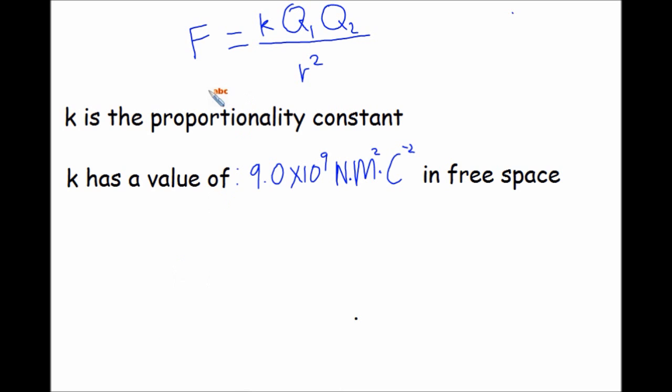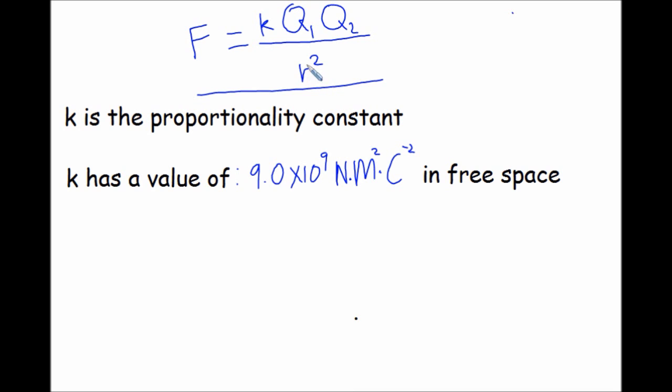So we can use this equation to solve any problem if we have to find the force of attraction or repulsion that exists between 2 point charges, if we are given the magnitude of the two charges and the distance between them.